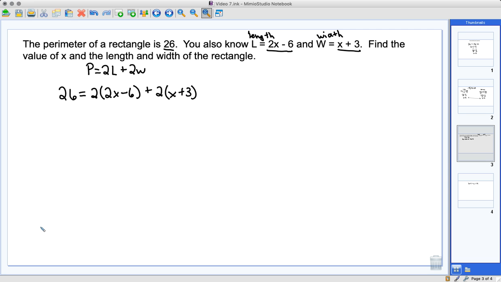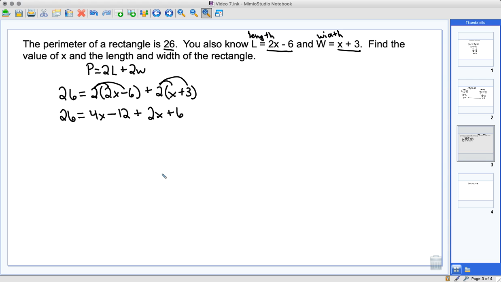Now you're going to solve this for x, just like we have been. So I'm going to distribute. So I get 26 equals 2 times 2x is 4x. 2 times negative 6 is minus 12, plus, then we're going to use distributive property here as well. So 2 times x is 2x, 2 times 3 is 6.